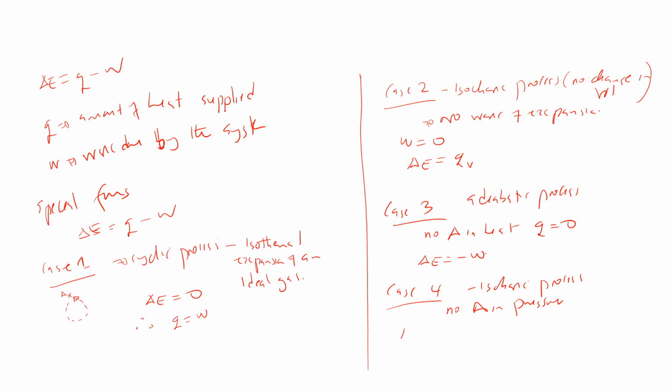And so from our delta E is equal to Q minus W, we say that delta E will be equal to Q minus P delta V. We can have this because P remains constant. So we can have our expression that delta E is equal to Q minus P delta V.